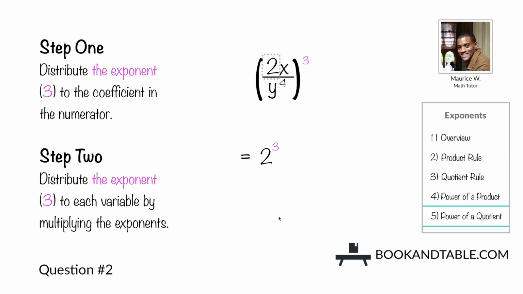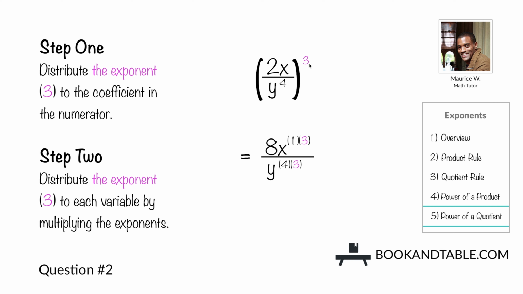Question number 2. Step 1, distribute the exponent 3 to the coefficient in the numerator, 2. 2 to a power of 3 is equal to 8. Now step 2, distribute this exponent to each variable by multiplying the exponents.